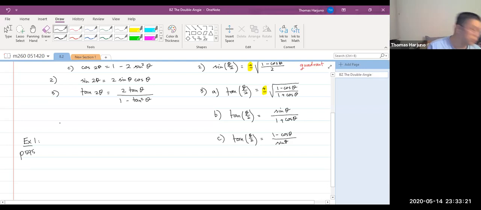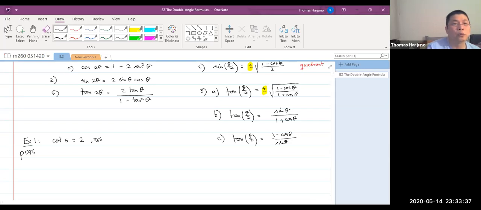Cotangent S is equal to 2, and S is between pi and 3 pi over 2. Basically, it is in quadrant 3. And the question is, we need to find sine 2s, cosine 2s, and tangent 2s.